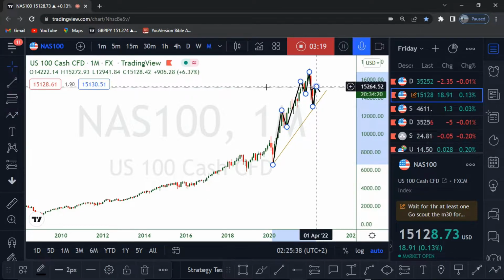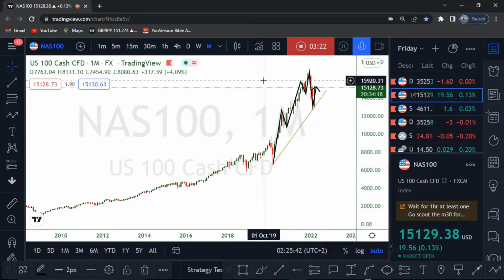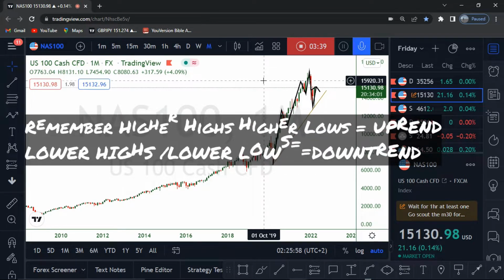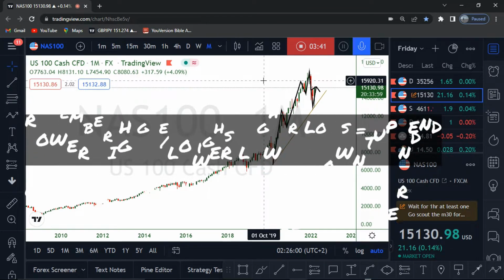And if this is a new lower high, now how do you spot a trend change? You spot it this way. The market has been creating moves consistently, and is now creating new moves.